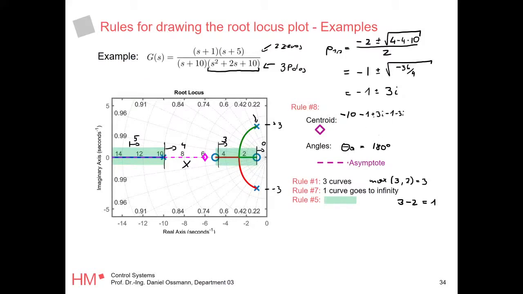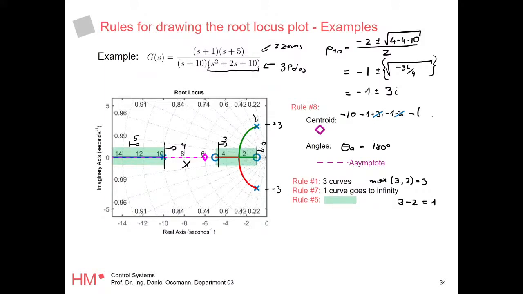And remember, this is why we said we only need to consider the real parts, because we're always going to have conjugate complex pole pairs, and this is why the imaginary part always cancels. So you would not have needed to compute this, because it cancels out anyway in the centroid calculation.